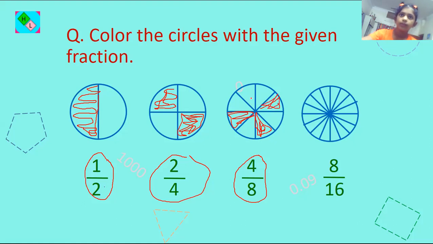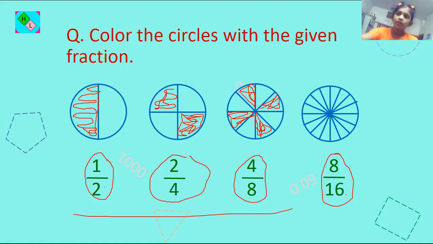So we have completed 3. Now the last, 8 by 16. What is the denominator? 16 is the denominator. That means the circle is divided into 16 parts. Now, how many parts do we need to color? 8 parts. Now, let's color 8 parts.